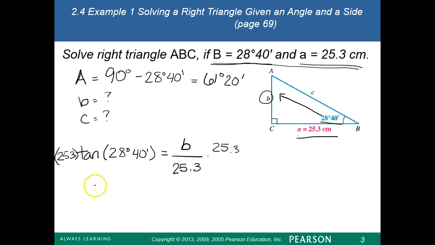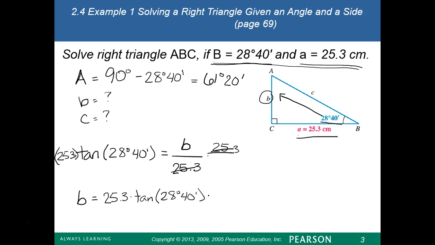Like that. Sorry for the messiness, but that's how it goes. And this cancels out here. And we're left with B is equal to what's on this side of our equation. So plug that into your calculator: 25.3 times tangent of 28 degrees and 40 minutes.